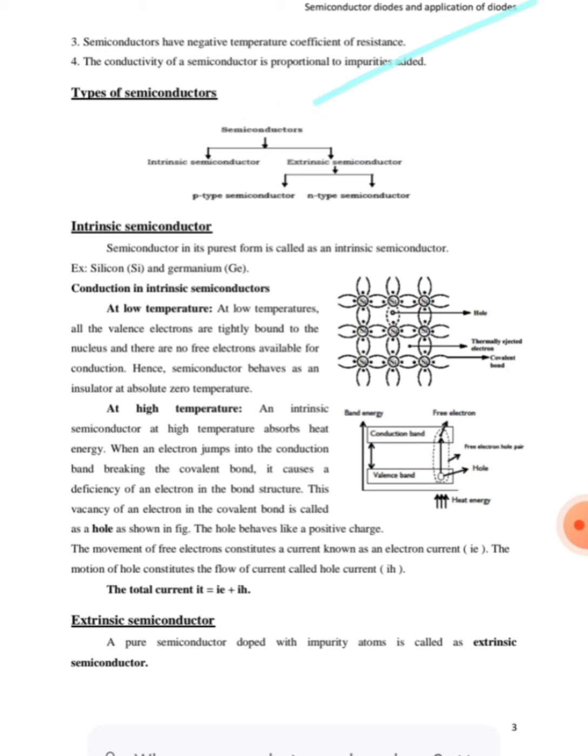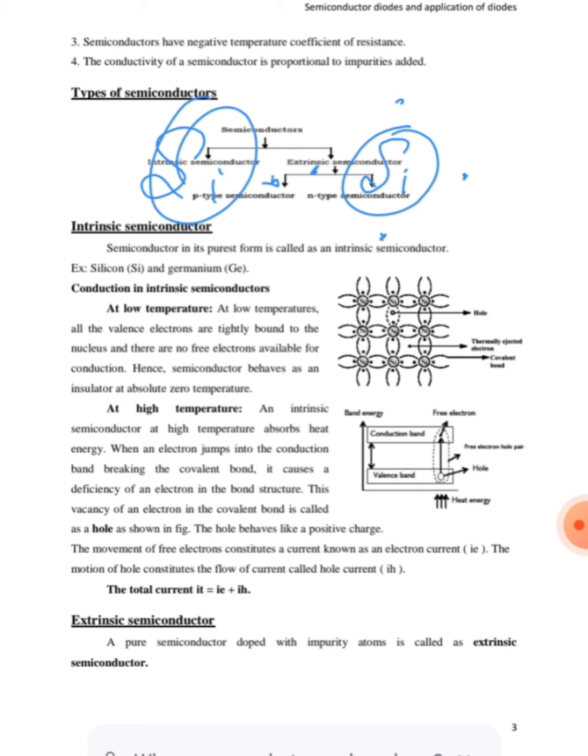So let us try to understand that with this simple diagram. I have one silicon atom which has four valence electrons. Nearby I have another silicon atom which has four valence electrons, and all of these silicon atoms will be surrounded by similar silicon atoms, each having four valence electrons.